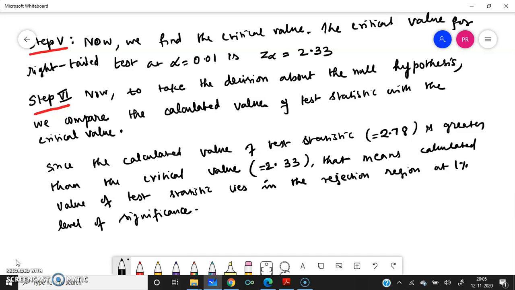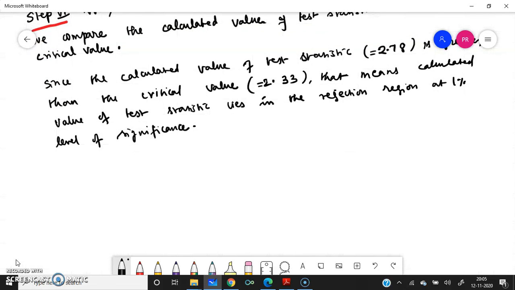Okay, and 99% we are sure it is in the rejection region. So we have to take the decision now. The decision taken is, so we reject. This is the decision we are supposed to take.